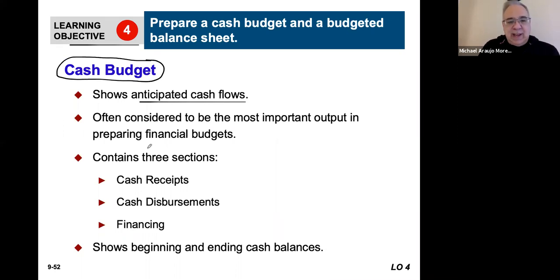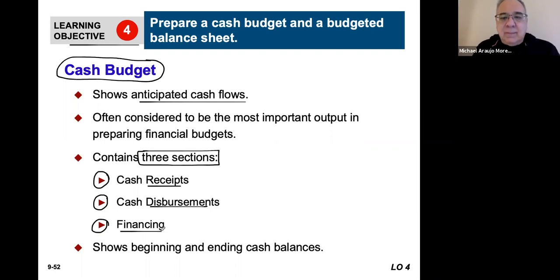So basically, a cash budget has three very important sections that you have to know. It's going to show how much cash we are expecting to receive in a particular quarter, and how much cash we are expected to use or disburse in a particular quarter. And if there's not enough money to cover all of that and give us some money in the bank, we might need to borrow.